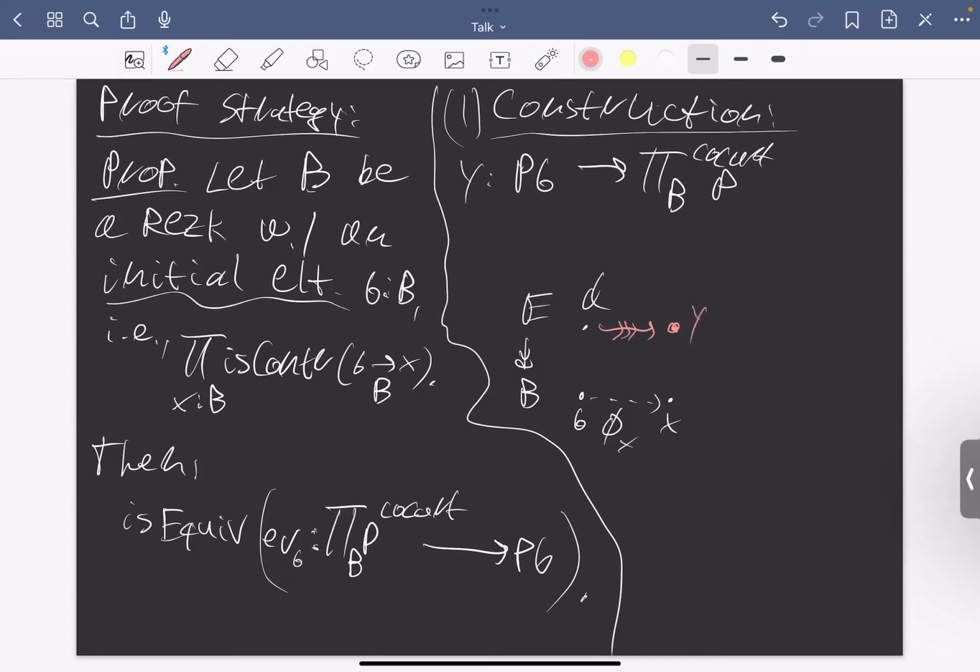So the map y(d)(x), I just define it to be the co-Cartesian transport over the map ∅_x of the point d. Okay, that's the definition.